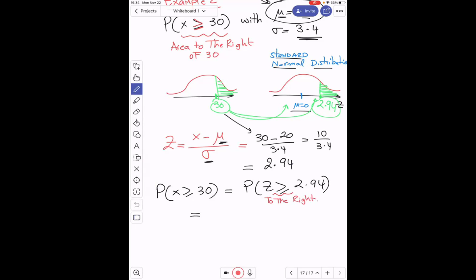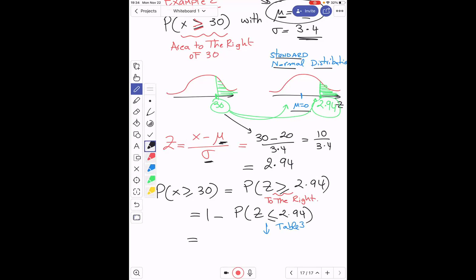So you cannot just use the table. So that's actually 1, or 100%, minus the probability that z is less than 2.94, or the area to the left. One minus the area to the left. Now the area to the left, you can use the table.